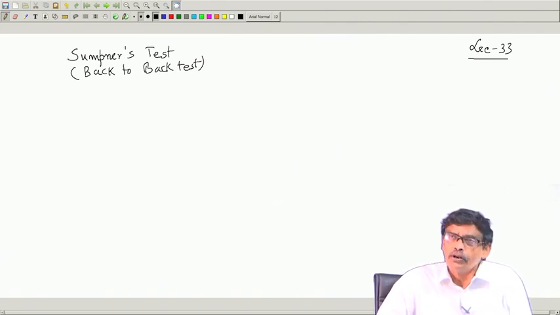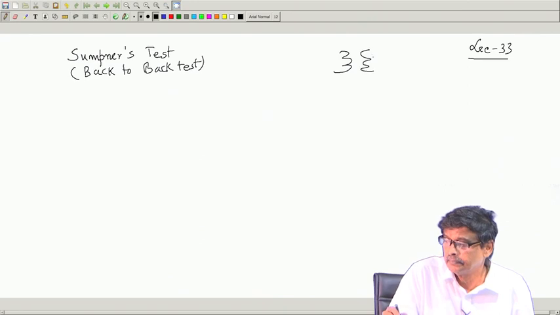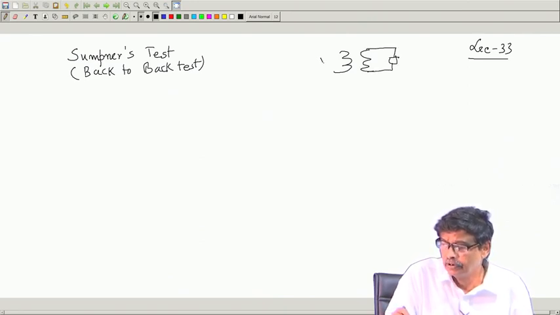So what is the solution? The solution is to load the transformer in the laboratory: connect the load, apply rated voltage at rated frequency, and connect a load such that rated current also flows.